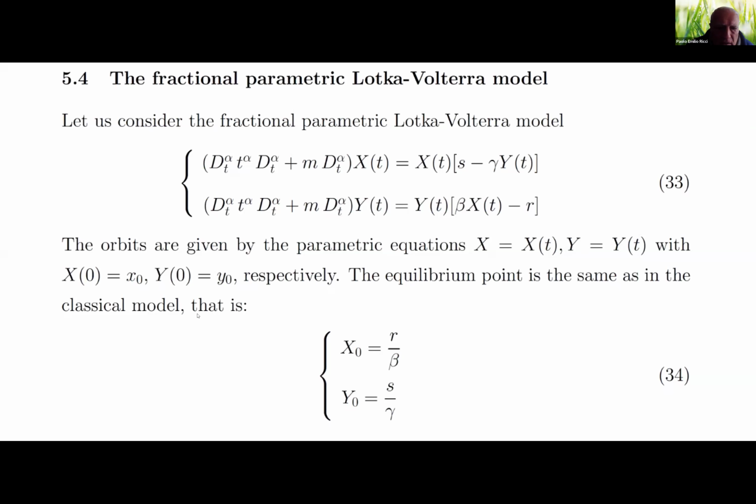The equilibrium point is the same as in the classical model. It depends on the parameters S, R, beta, and gamma. These are the four parameters which appear in the system.